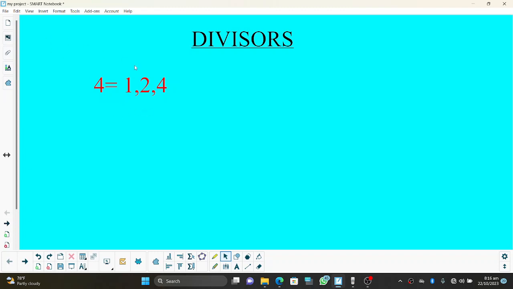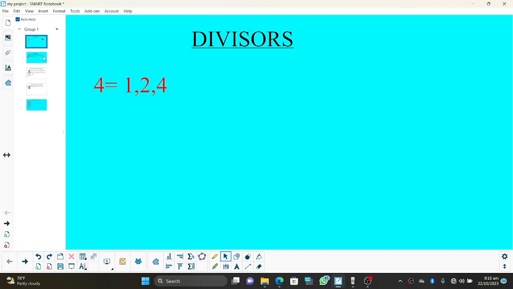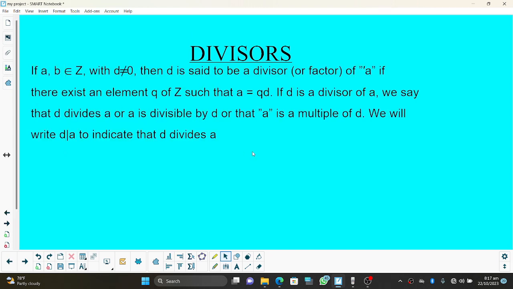So now let's move to the next aspect. Okay, let's continue. If you read this statement carefully, it says if we have a and b belonging to the set of integers, that's Z, which represents the set of integers, with d not equal to 0, then d is said to be the divisor or the factor.